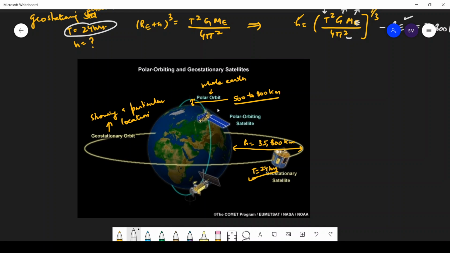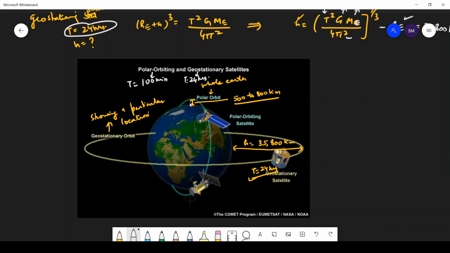So very simple. Polar satellites pass through polar orbit and orbit the whole Earth. Their time period of rotation for the polar satellites is only around 1.5 hours. Okay, and for geostationary satellites, the time period is 24 hours.